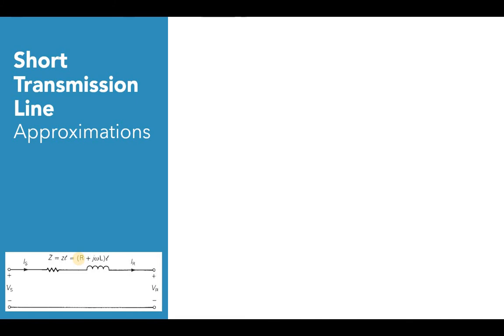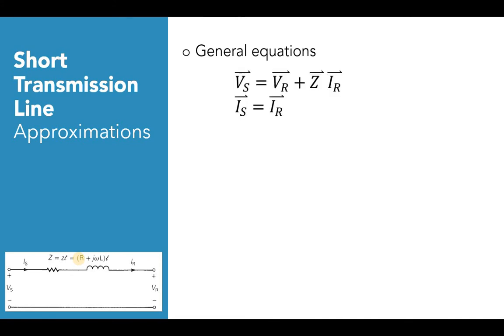Now, going back to short transmission line approximations. Here are the general equations, okay, which are unique and applicable only to short transmission lines. Okay, clear. We have Vs equal to Vr plus Z IR, and Is is equal to IR.